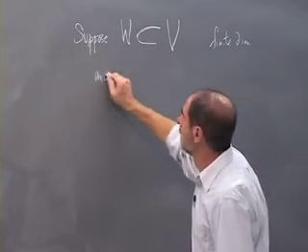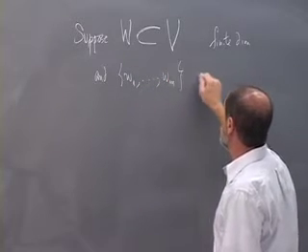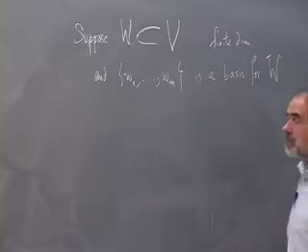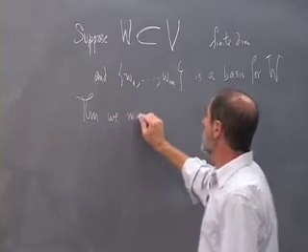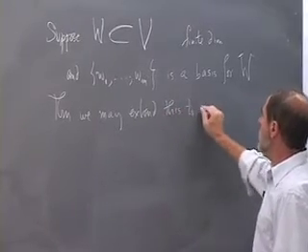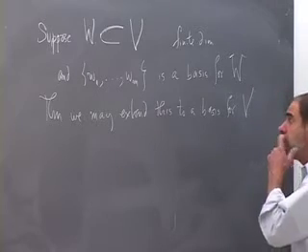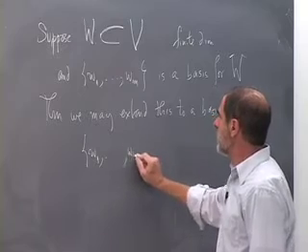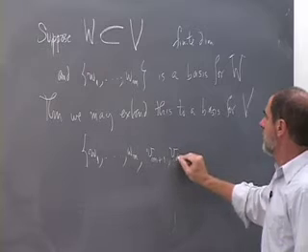And W1 through Wm is a basis for W. Then we may extend to a basis for V. Namely, what I mean by that is you take the first elements of your basis to be W1 through Wm, and then you add some new things, Vm plus 1, Vm plus 2.